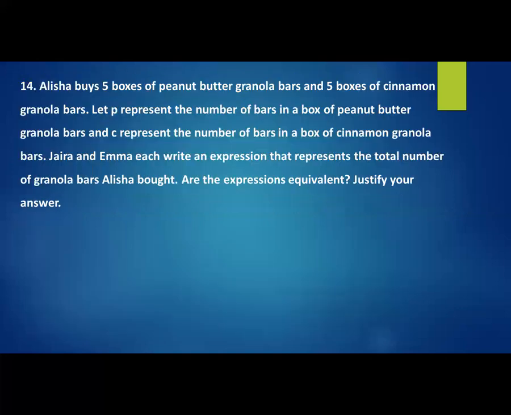Alicia buys 5 boxes of peanut granola bars and 5 boxes of cinnamon granola bars. Let p represent the number of bars in a box of peanut butter granola bars and c represent the number of bars in a box of cinnamon granola bars. Jaira and Emma each write an expression that represents the total number of granola bars Alicia bought. Are the expressions equivalent? Justify your answer.